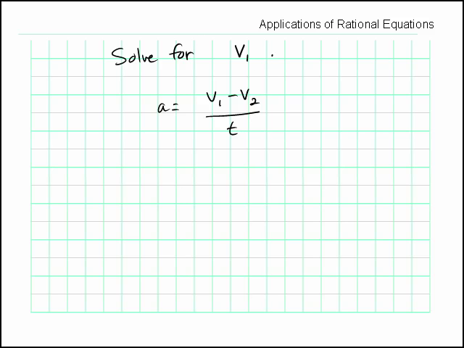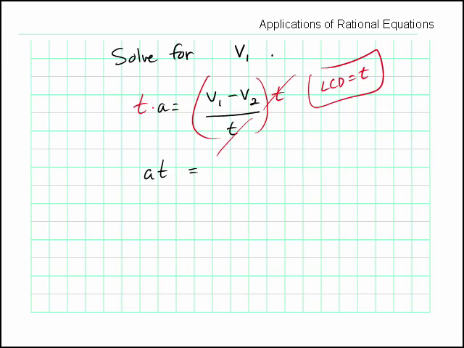First thing I do is multiply both sides by the common denominator, and that's just little t here. So, multiply both sides by little t. This will eliminate the fractions. On the left side, we have a times t. On the right side, the t's cancel away and leaves me with v1 minus v2.